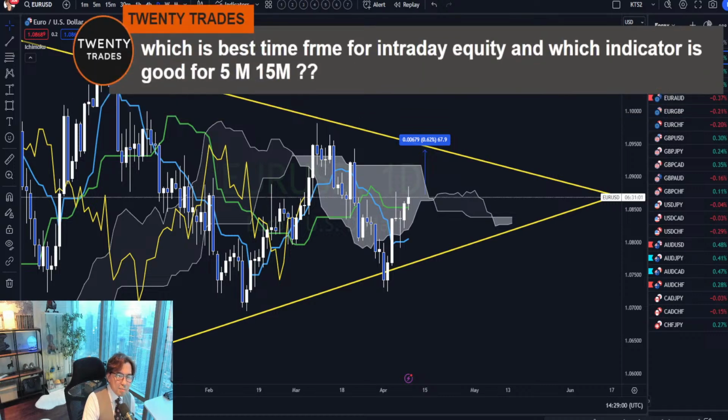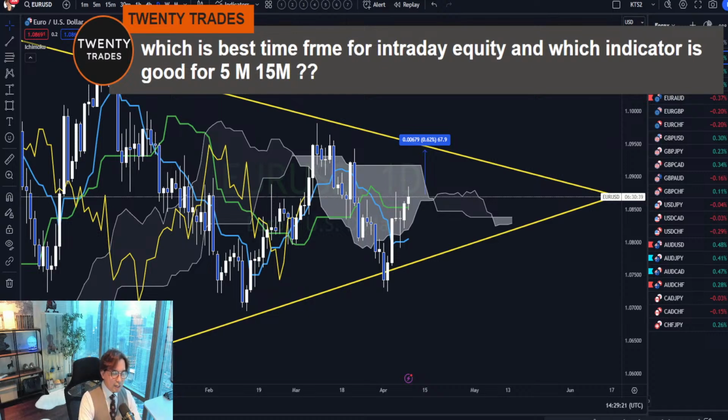Okay, let me check some comments. Which is the best time frame for intraday equity and which indicator is good for M5, M15? For M5, M15, I'm using stochastic and Bollinger Bands to enter the markets. And these are my favorite indicators.